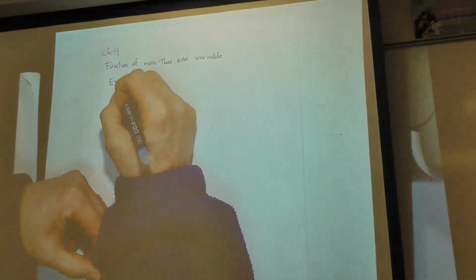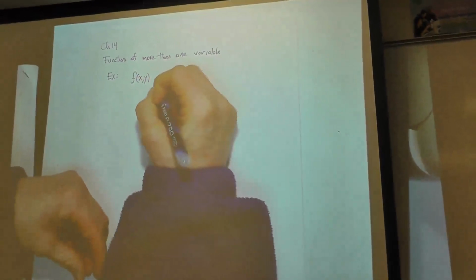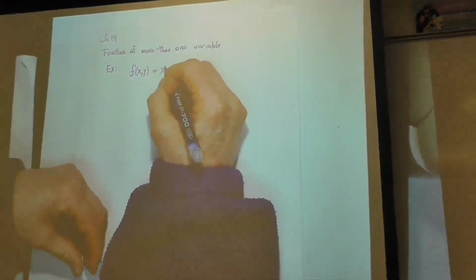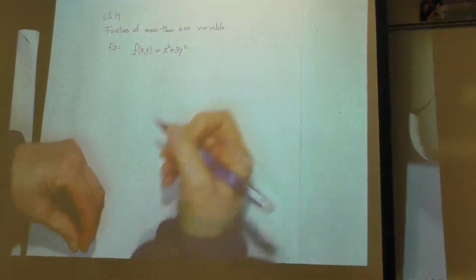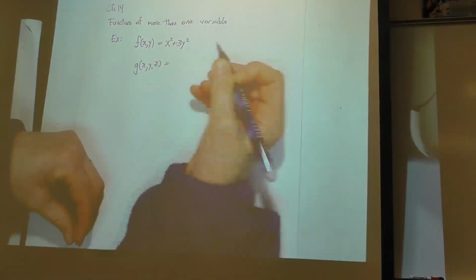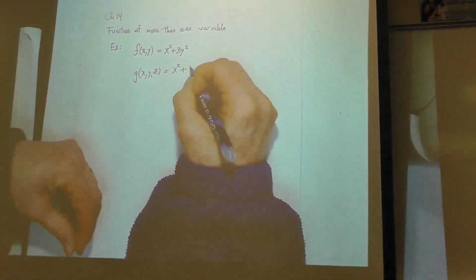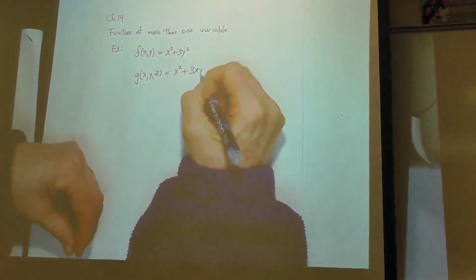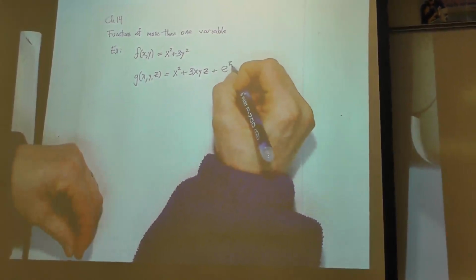Example, I can define f of x, y to be x squared plus 3y squared. I can define g of x, y, z to be x squared plus 3xyz plus e to the z.